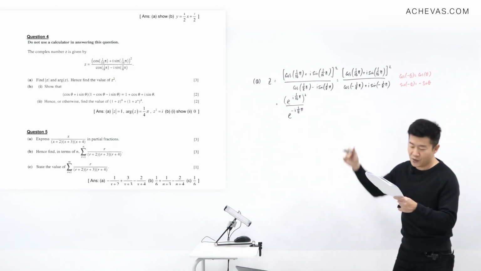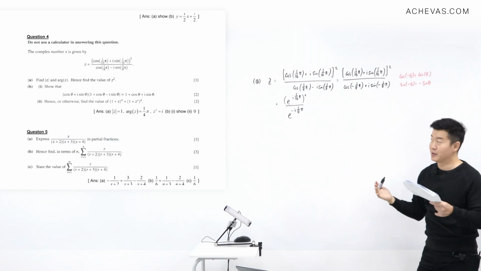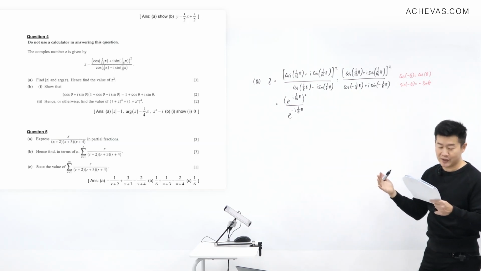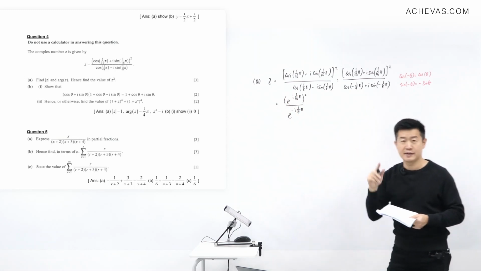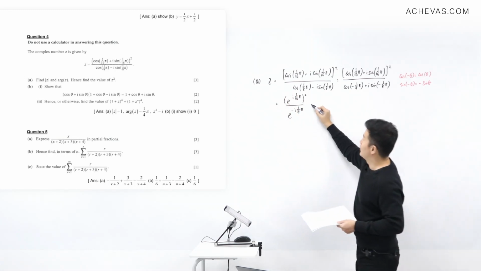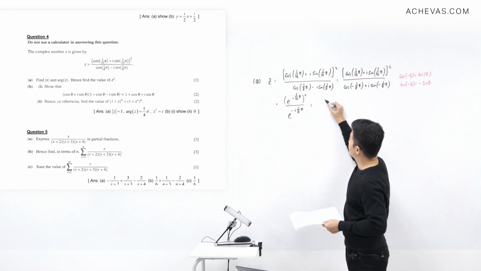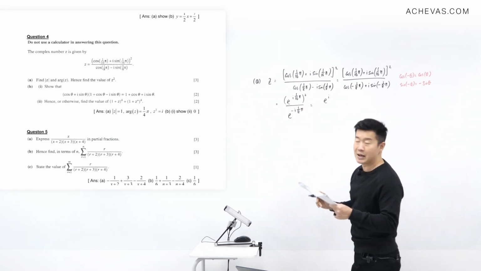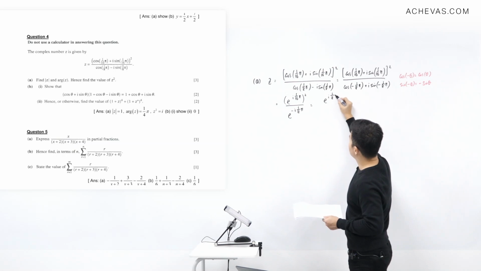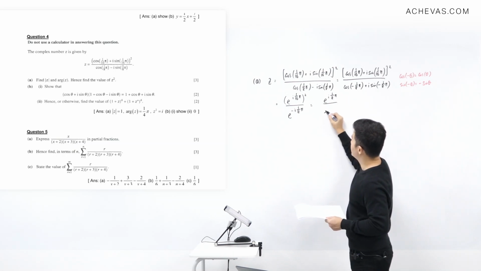So we have now this, and I think it is going to be very easy for us to continue from this point onwards and combine everything together to make z into one single Euler form. The numerator is going to be e to the power of i, 2 multiplied by 1 over 16 pi, which gives 1 over 8 pi, over e to the power of minus i 1 over 8 pi.